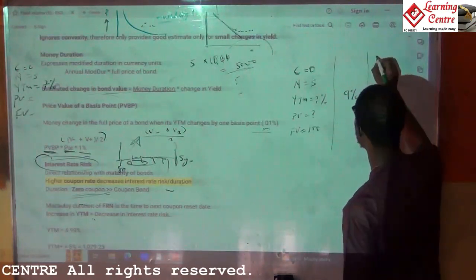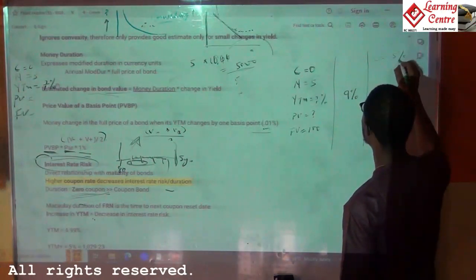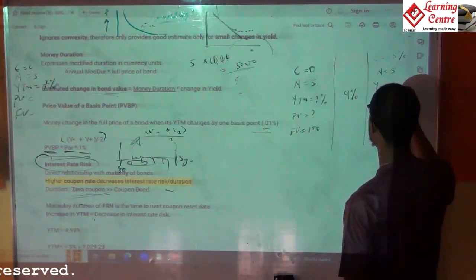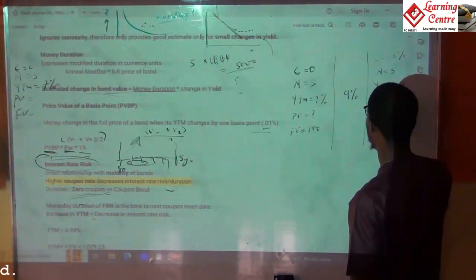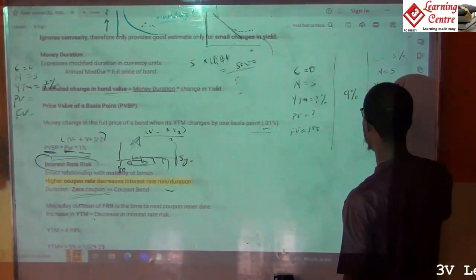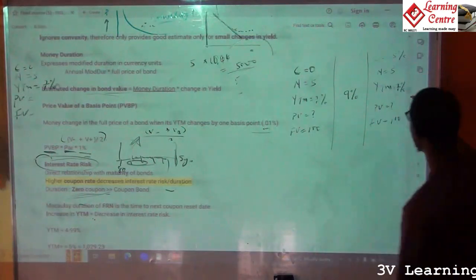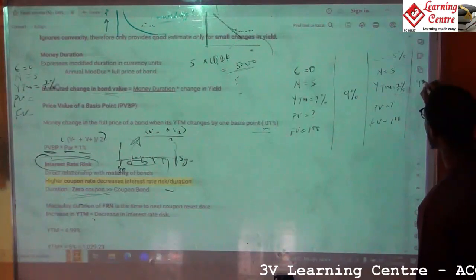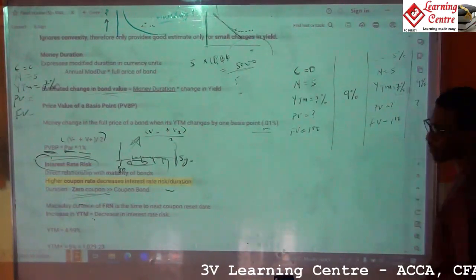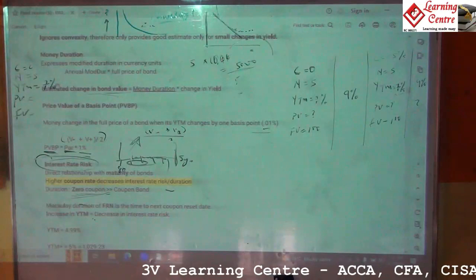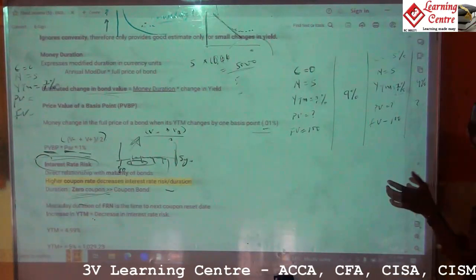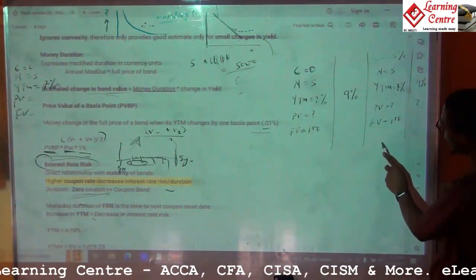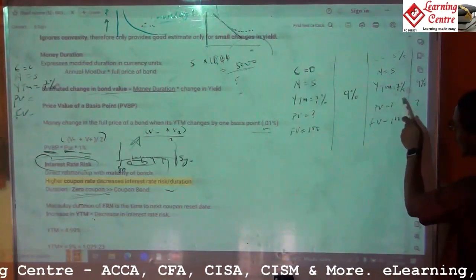Then do the final one where the coupon is 5%, N is 5, YTM is 7%, initially PV is what? FV is 100. Now change this YTM to 9 also and see what the price will be. So we have four scenarios: find the price here, find the price here, find the price when there is a coupon, and find the price when there's a coupon and yield changes also.